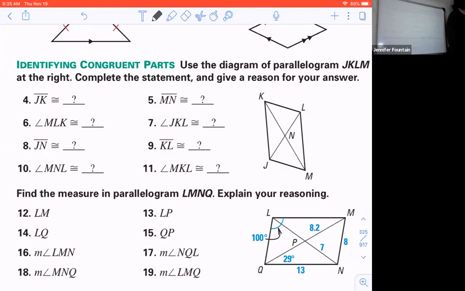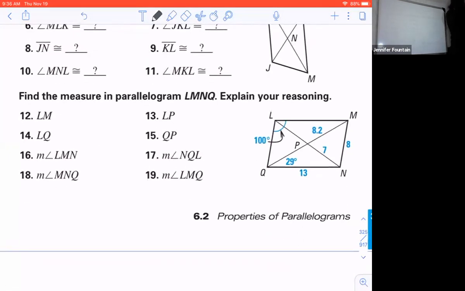Angle MNL is congruent to KNJ, and angle MKL is congruent to which one? JMK or KMJ. Good. All right. So again, if you cannot see those things, draw the figure, get a colored pencil and color code them if it helps you to see it better.